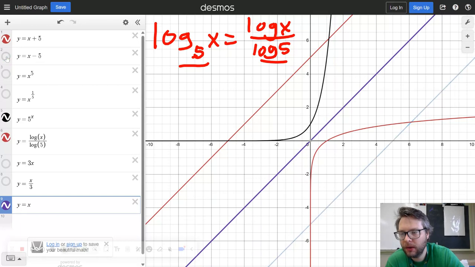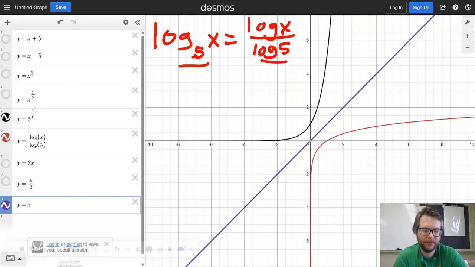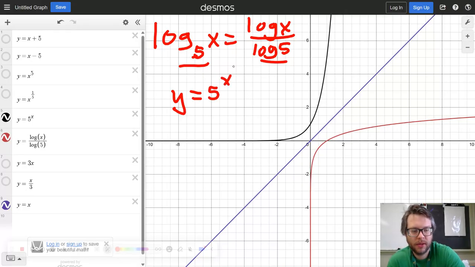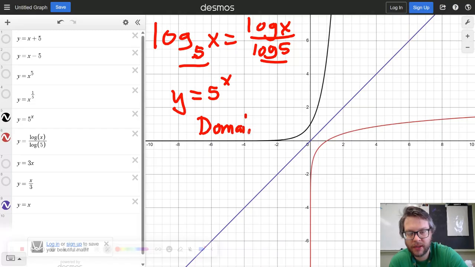Think about what we know about our original function, y equals 5 to the x. If I look at y equals 5 to the x, the domain is what numbers can I plug in for x? And if I look at that, I can plug in any number. It just goes left, it just goes right.